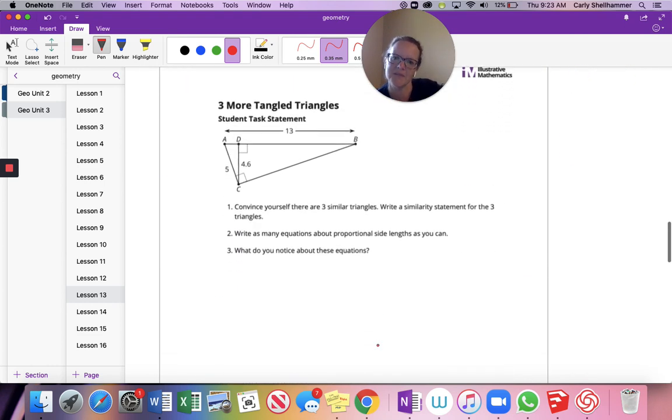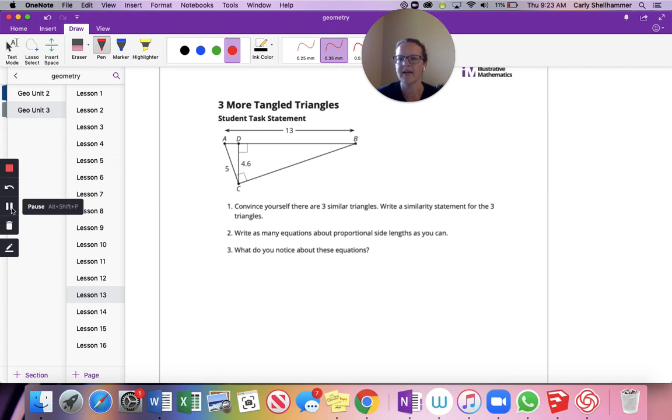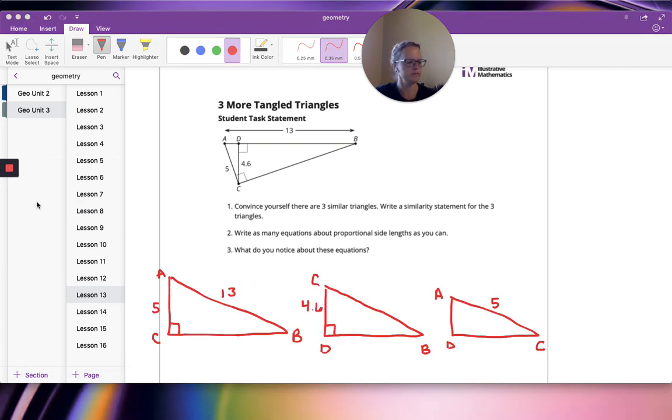More tangled triangles. So convince yourself there are 3 similar triangles and write a similarity statement for the 3 triangles. All right, I'm going to pause and pick this triangle apart, and I'm going to ask you to try to do the same thing. So draw those 3 triangles, the big one, the medium one, and the small one, with the short legs, the long legs, and the hypotenuses. So I just redrew those 3 triangles.